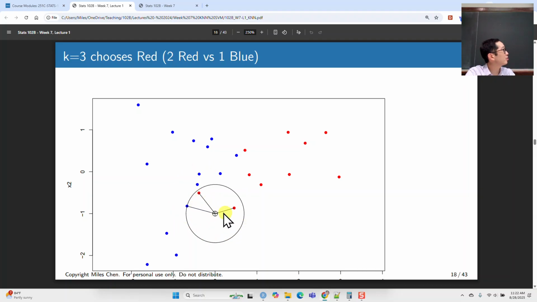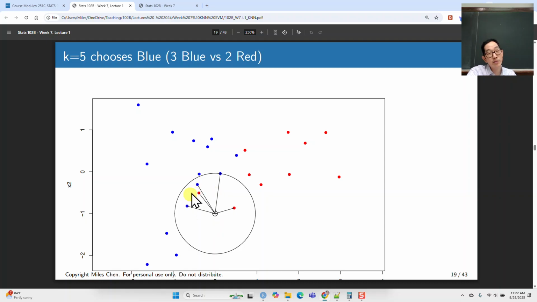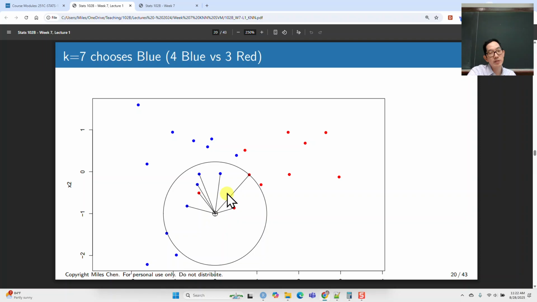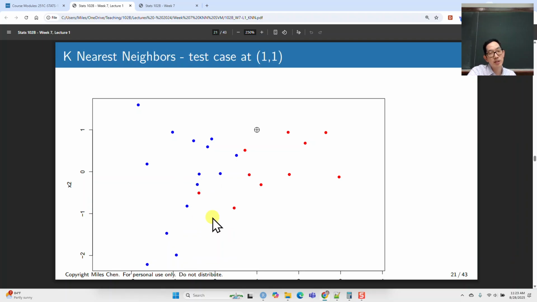We have 2 red and 1 blue, so we would still classify it as red. With K equal to 5, now we have 3 blue and 2 red, so this would get classified as blue. And with 7, these are our 7. This came really close, but anyway, we have 4 blue and 3 red. This gets classified as blue, and that's that.